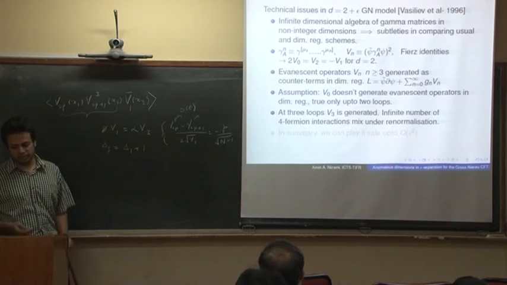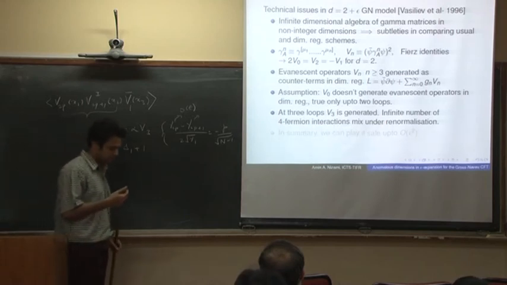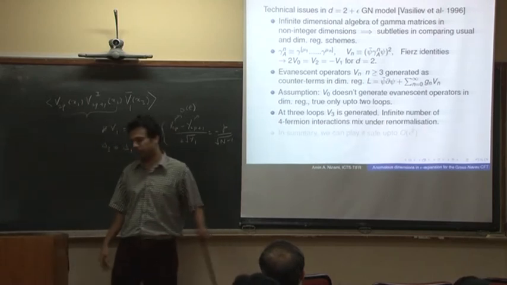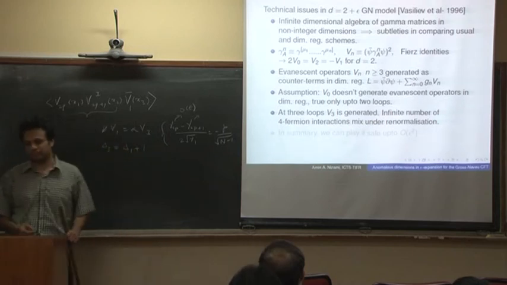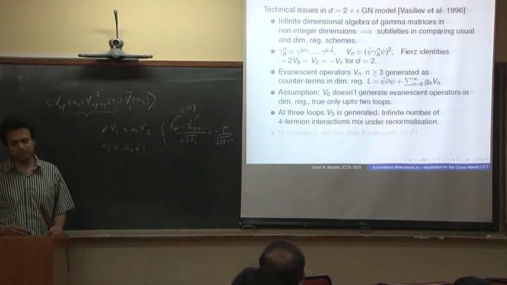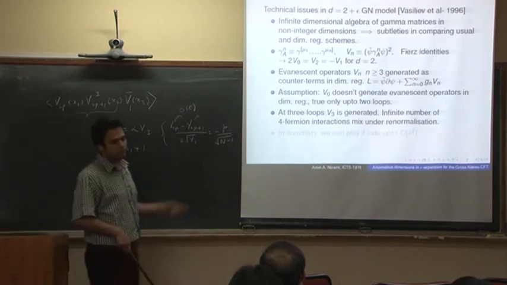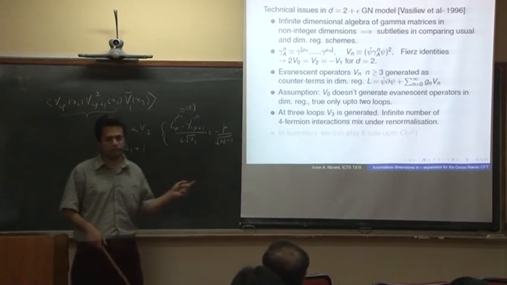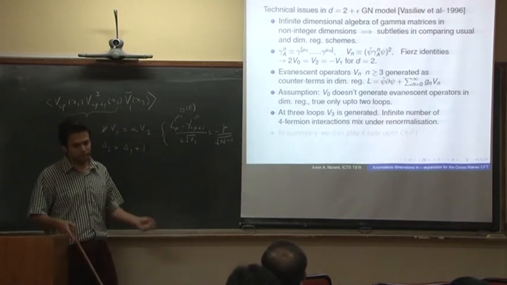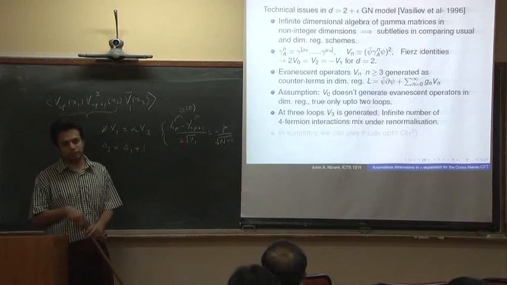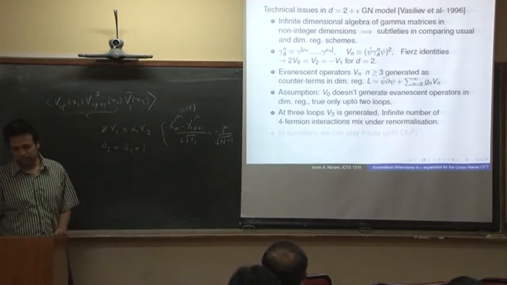In general, you will have infinitely many four-fermion interactions, and they'll all mix under renormalization. So it's a very complicated system. And these people in 2 papers actually analyzed this, and they concluded that some of the numerical computations in this are actually not valid beyond... People had computed to order epsilon cubed, so some of those won't be valid.